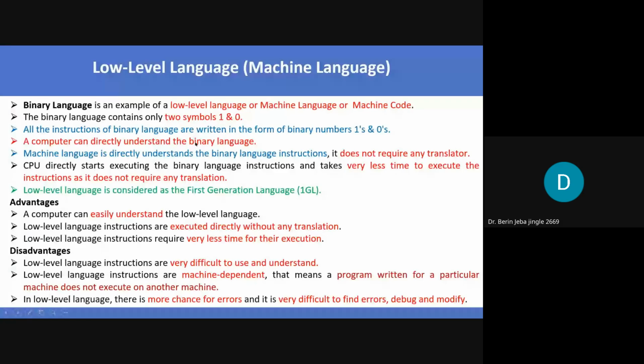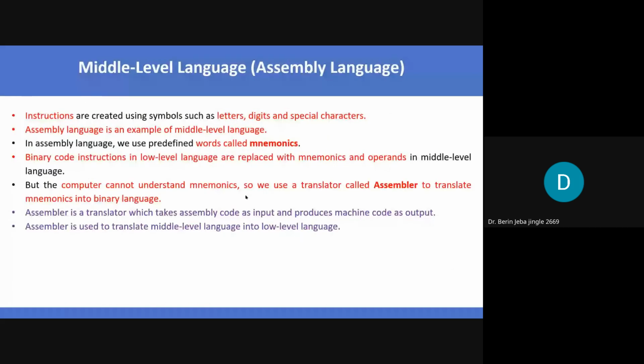There are no translators or anything. Directly we type zeros and ones, and the computer easily understands. This is called first generation language. The advantages and disadvantages you learn. Next is the middle level language. I have already told you the middle level language is the assembly level language.